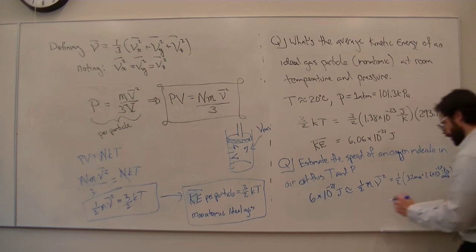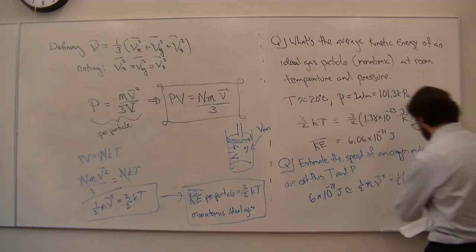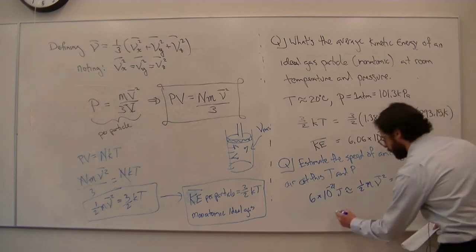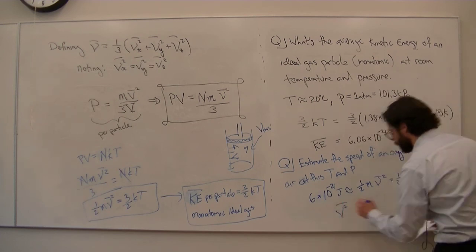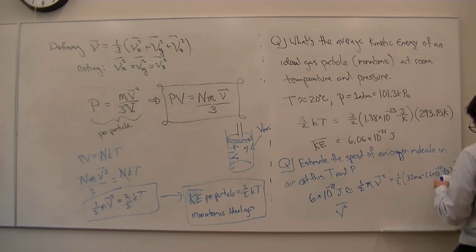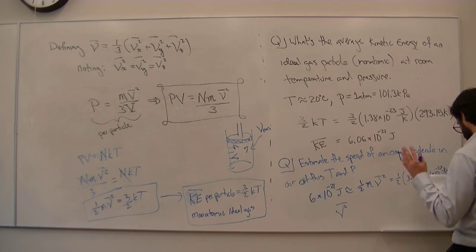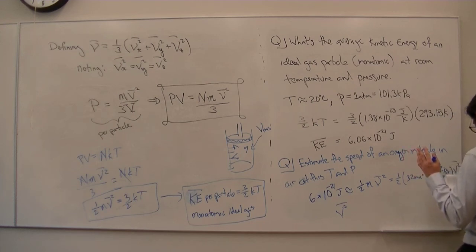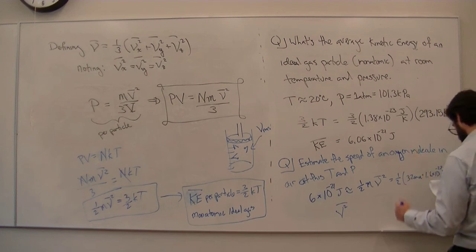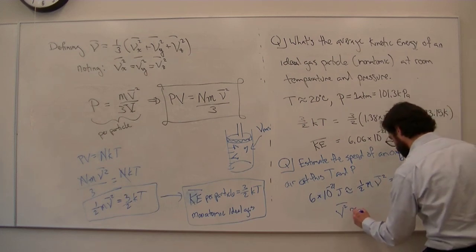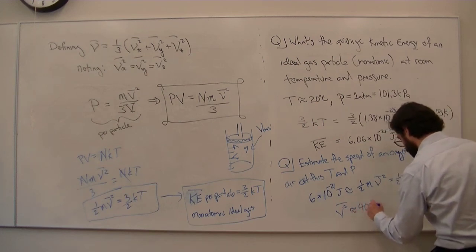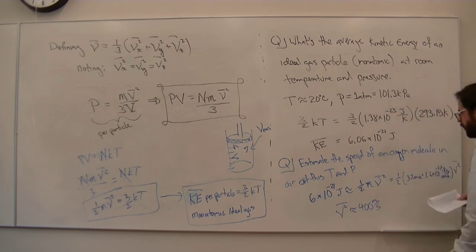Then math happens, and I get everything in SI, the AMU cancel out. That's good. I should get v squared, and I'll just leave it at 1 sig fig. We'll say it's about 400 meters per second. So you should get something on the order of that, which is about the speed of sound, so that's pretty reasonable.